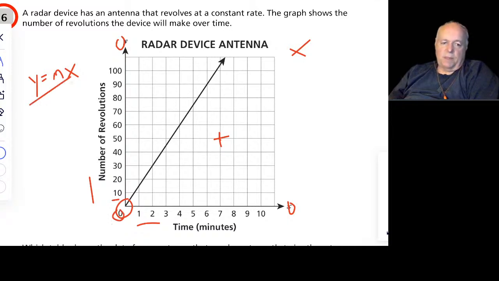If we look at 2 and come up and across, we get 30, right? The m is the slope, which is rise over run. So we have 30 divided by 2, because we have 30 minus 0 and 2 minus 0.